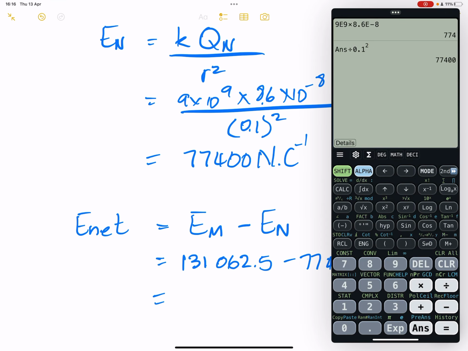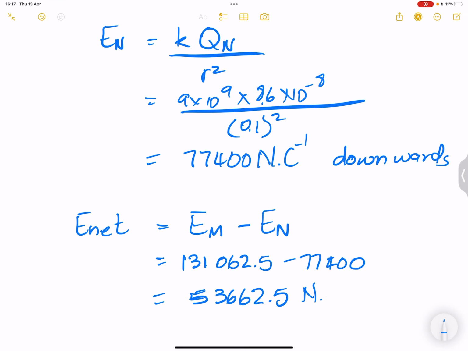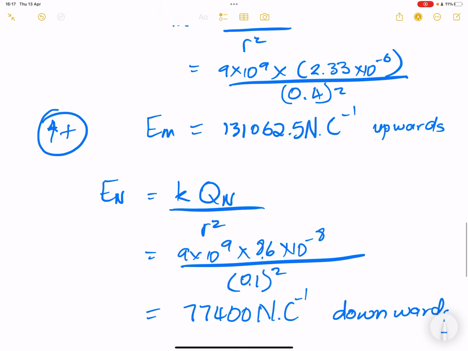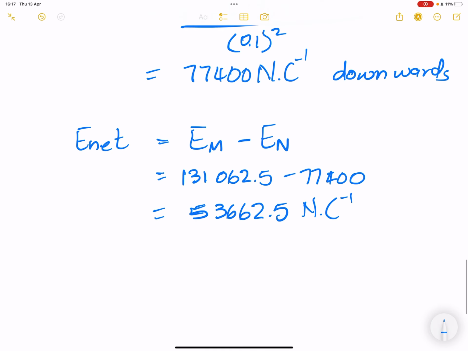So I'm going to take that number and subtract 131,062.5. Please don't be alarmed when it comes out as negative. That's because I've swapped the numbers around. So in this case, it would be 53,662.5 newtons per coulomb. So in which direction would it go? The net direction would be upwards, because the upwards direction obviously has a bigger field. So it would be upwards.